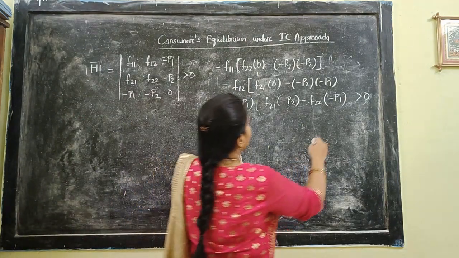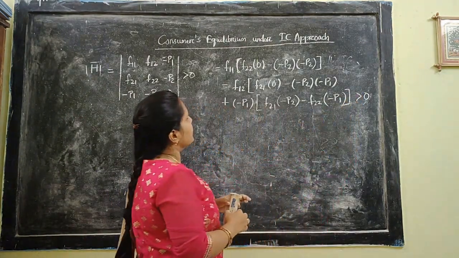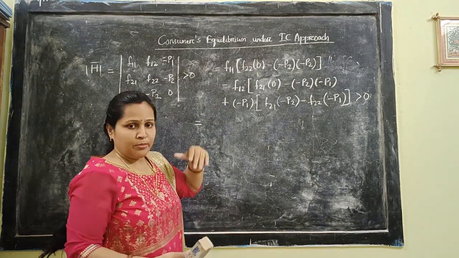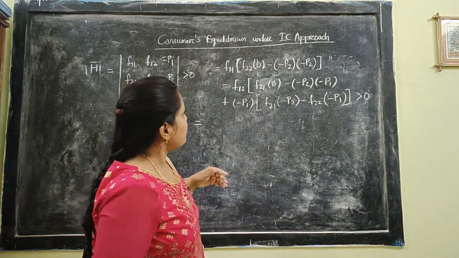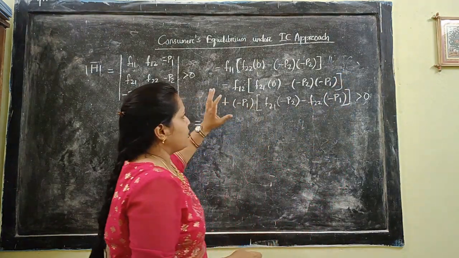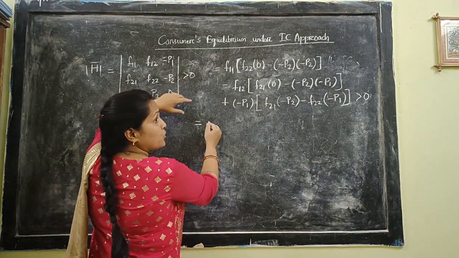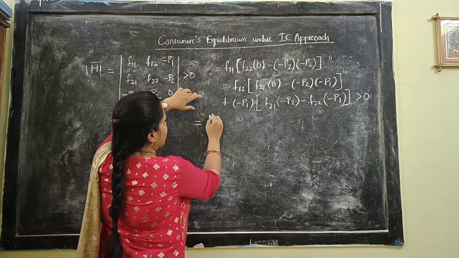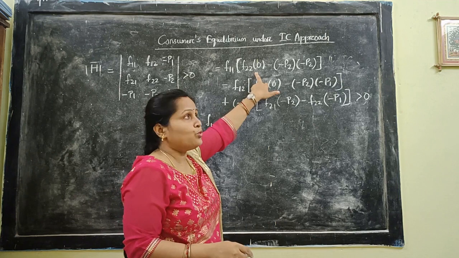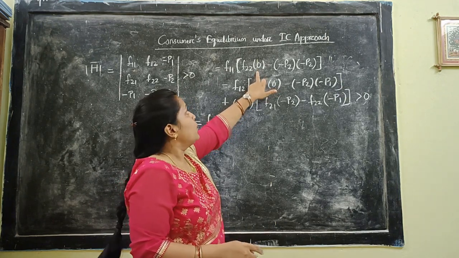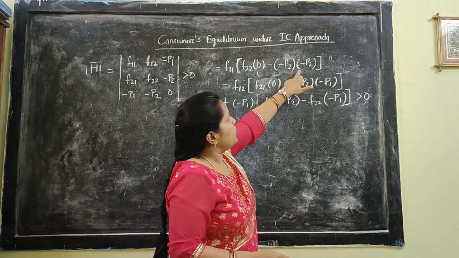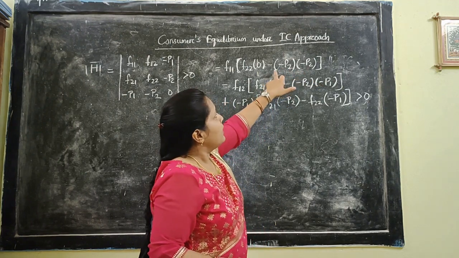Okay, so now let's simplify it. I have left some brackets. Let's simplify the first one, F11. F22 into 0 will be 0. And then minus into minus P2 into minus P2, so it will be minus P2 square.